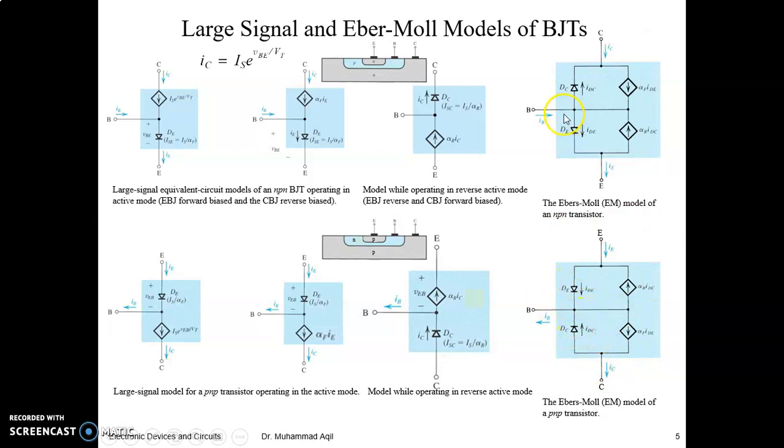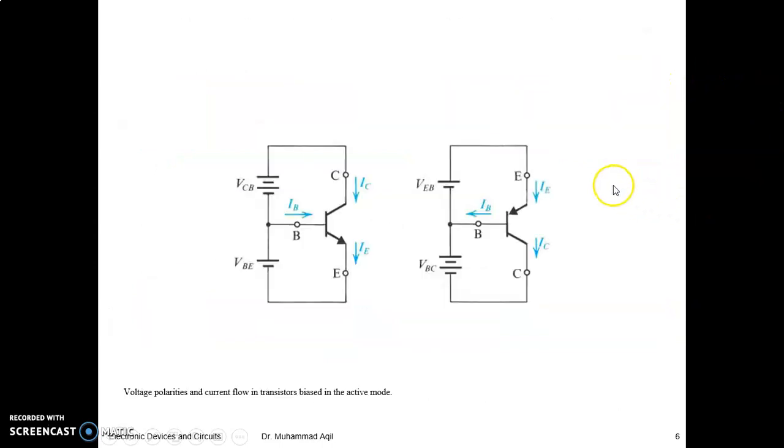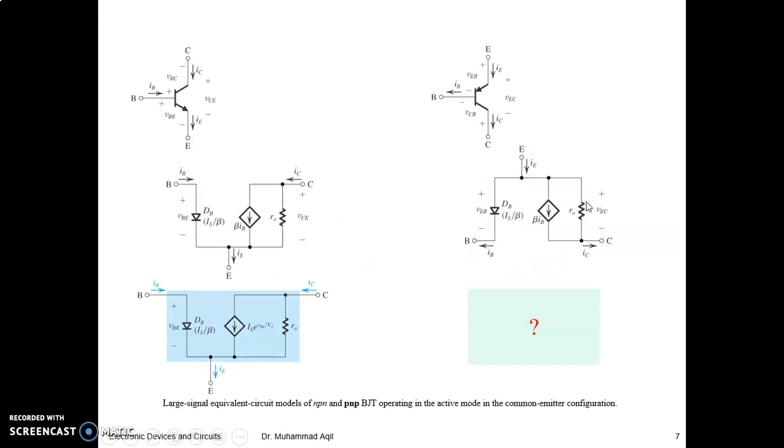Please consider the directions of these diodes and these current sources in contrast with the NPN transistor. As we said while introducing the schematic symbols of the PNP and NPN transistor: highest voltage, middle voltage, lowest voltage at the bottom of the page.